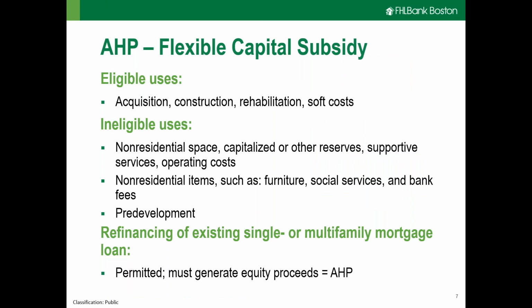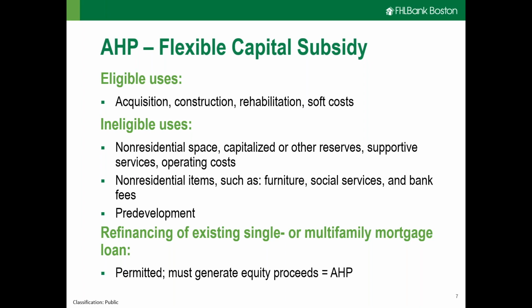I think a lot of you know that AHP really provides flexible capital development subsidy. And you can use this to meet pretty much any of the capital development costs and needs in your housing initiative. So that means acquisition, construction, rehab, it means soft cost, it means paying the eligible amount of the developer fee.